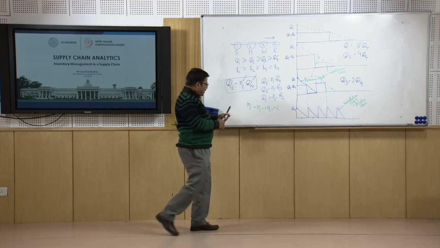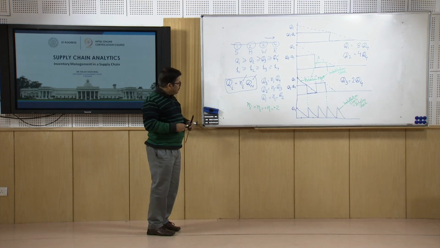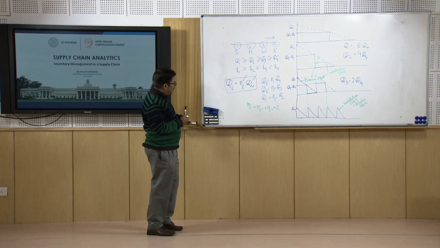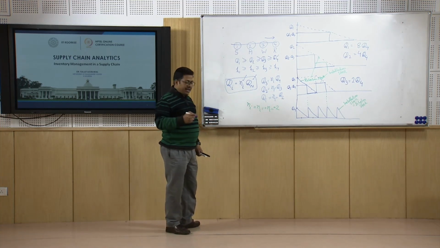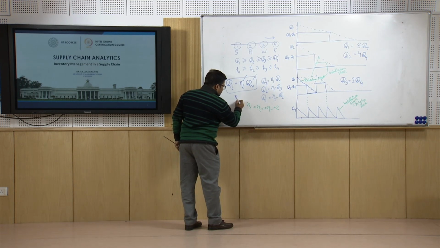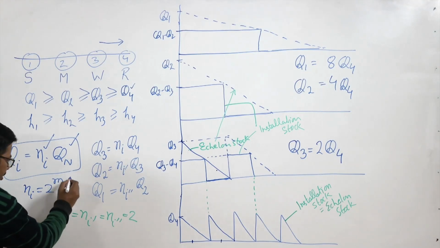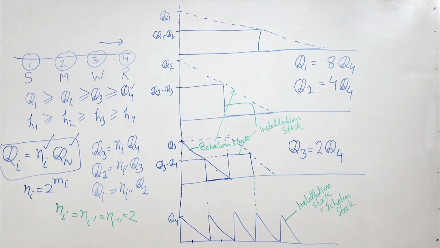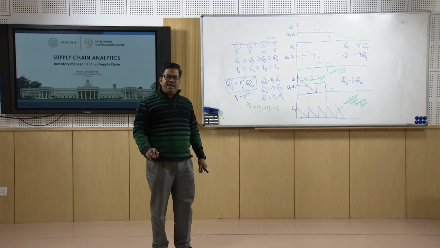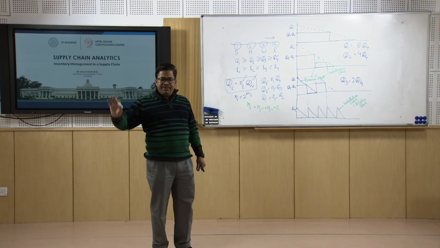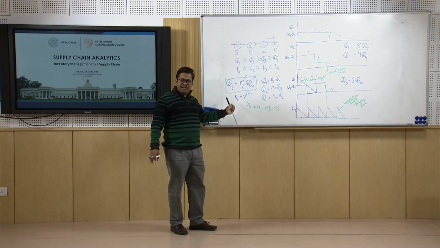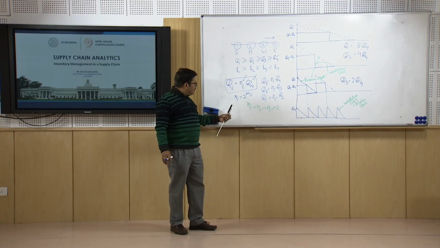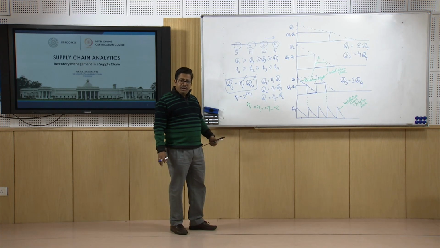So for that purpose we have done a bit of relaxation in this relationship where Qi equals Ni Qn. Instead of that, we will write Ni as 2 to the power Mi, and Mi can take any integer value 0, 1, 2, 3, 4, 5. So what will happen because of this additional condition we have imposed is that you will get the values of Ni only in powers of 2.